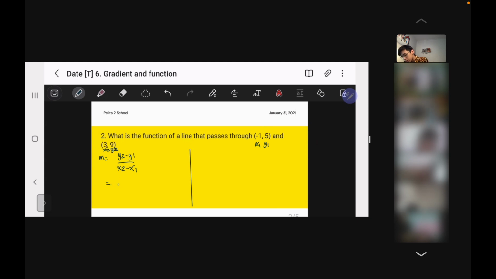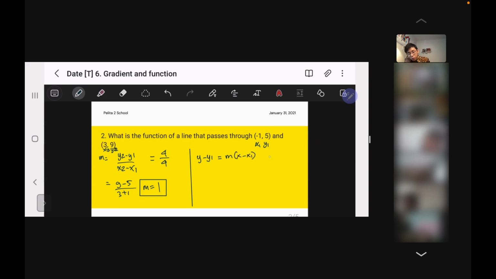So y2 minus y1, 9 minus 5, x2, 3, minus x1, minus 1, so plus 1. So the gradient is 9 minus 5 is 4 divided by 4, so it's 1. So m is 1. Then you can use another formula, which is y minus y1 equals m times x minus x1.